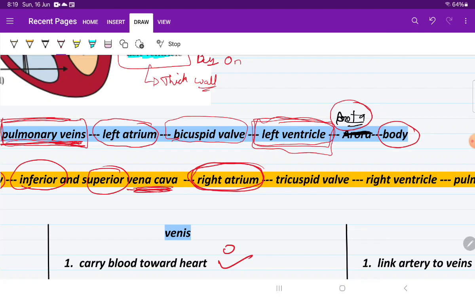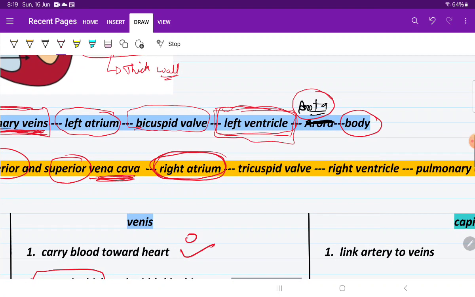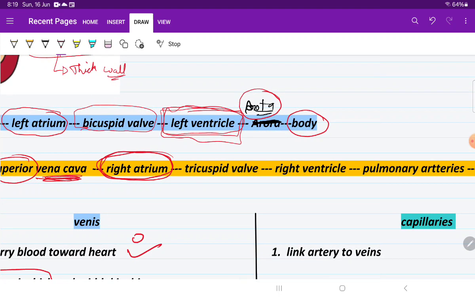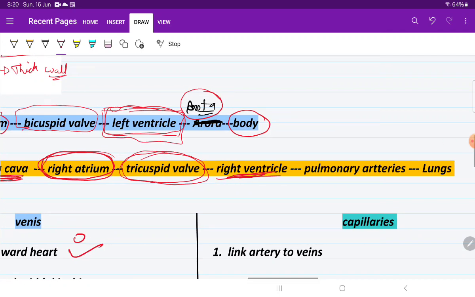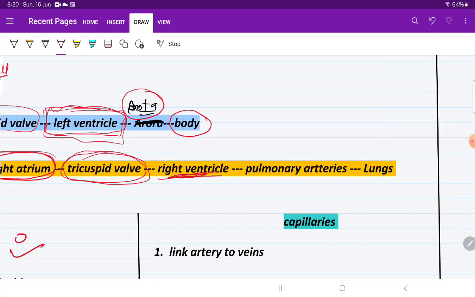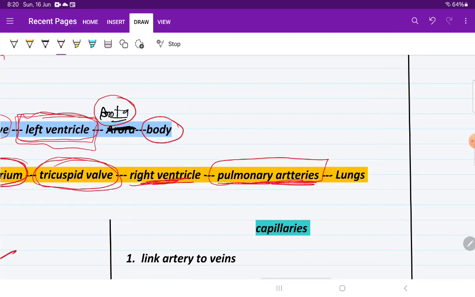Okay students, don't be confused about left atrium, right atrium, and so on. Then the tricuspid valve is present between the right atrium and right ventricle, which will open, and the right ventricle is connected to the pulmonary, okay, not pulmonary vein, sorry, pulmonary arteries.